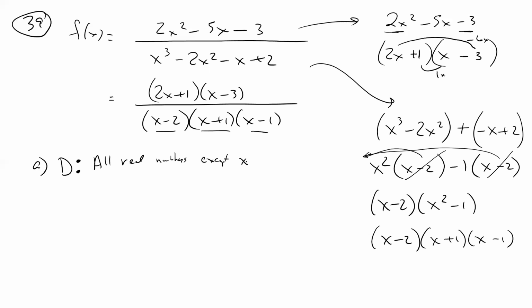This guy is a 2 right here, so then 2. What are the next 2 parentheses? X plus 1, x minus 1. So then it's going to be -1 and then +1.